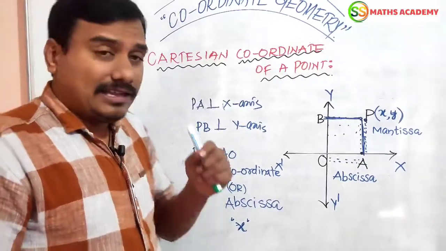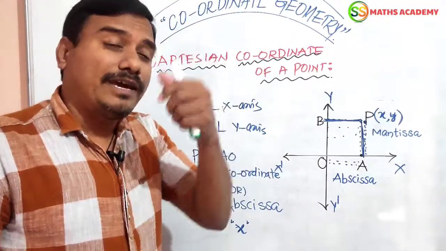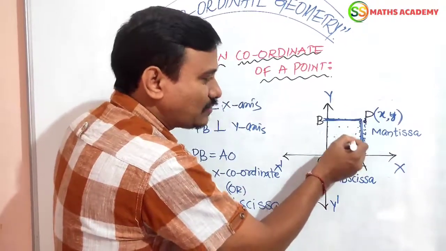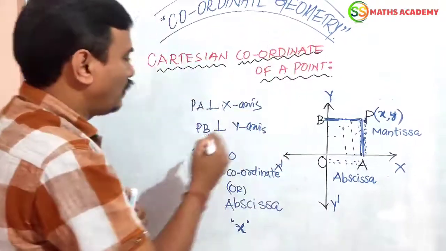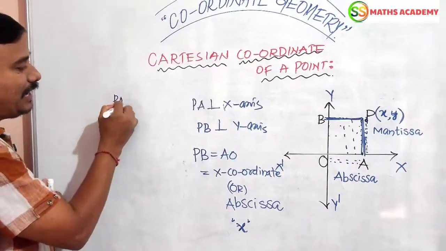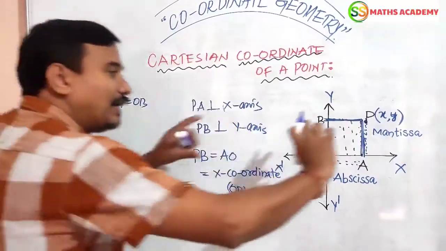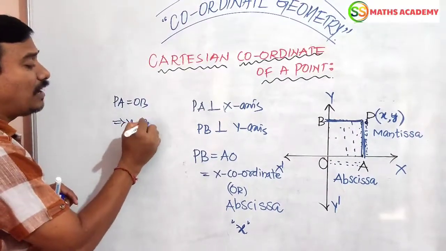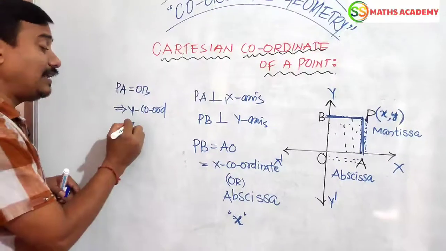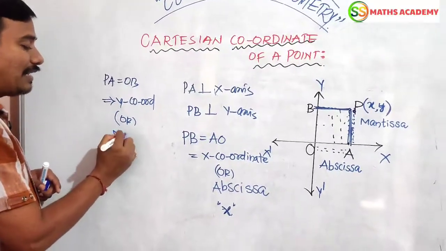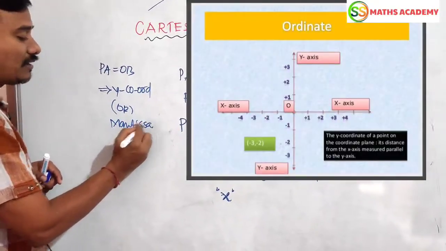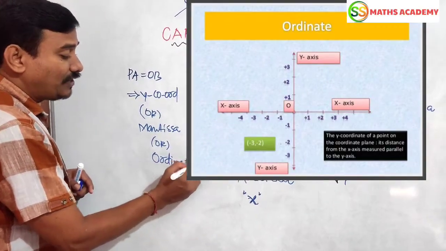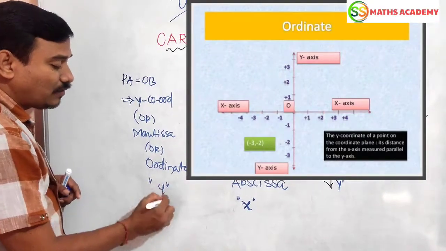Next, similarly, the distance of the point P from the x-axis, this is PA or OB, is called y coordinate or ordinate. Usually we write it as the y value.